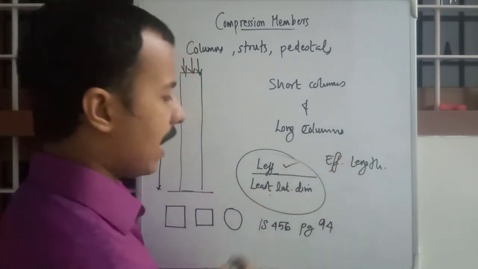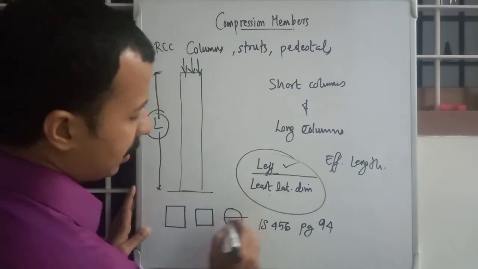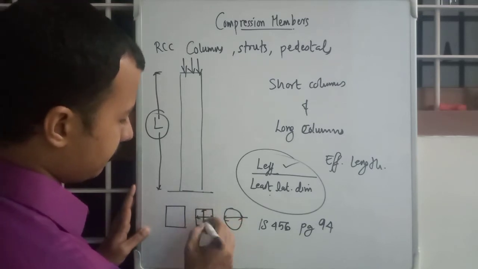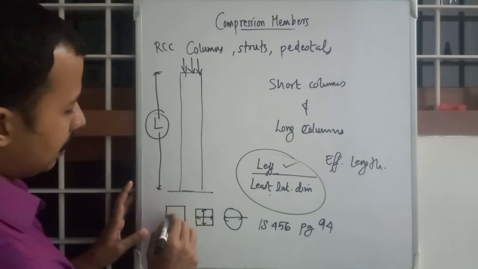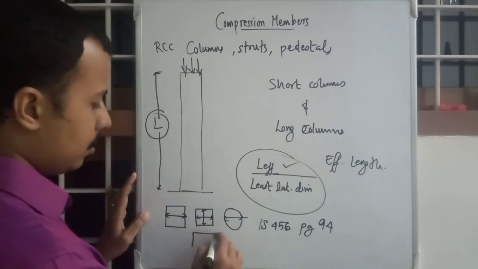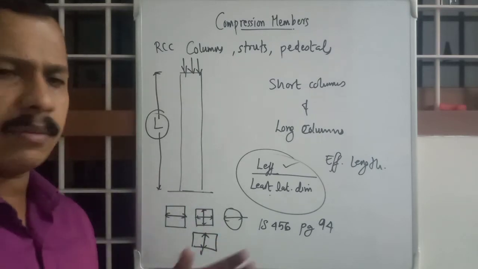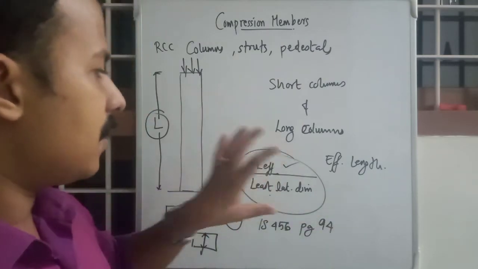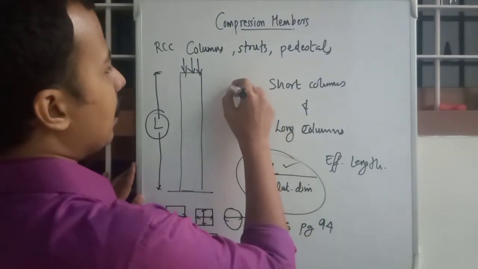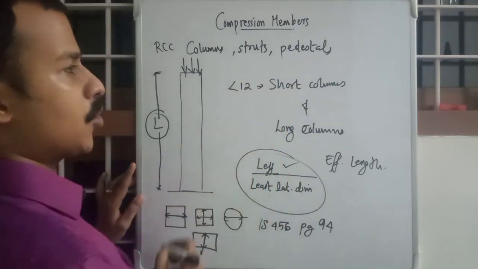Least lateral dimension, as the name indicates, is the least of the lateral dimensions. For a circle it will be the diameter. For a square it will be the same side. For a rectangle, the least lateral dimension is the smaller side. If L effective by least lateral dimension is less than 12, it is a short column.